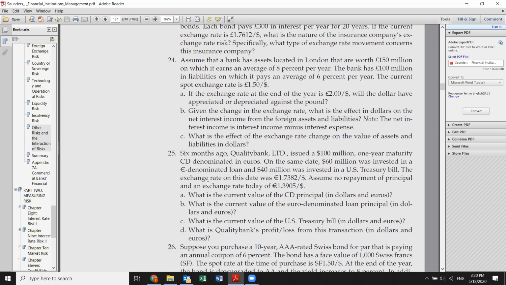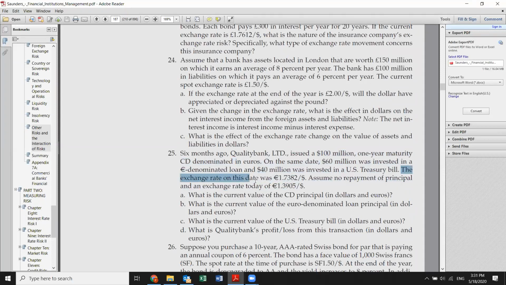So 6 months ago, Equality Bank Limited issued a 100 million one-year maturity CD denominated in euros. So they collect the deposits in euros, we can say. On the same date, they invested 60 million in a euro-denominated loan, and 40 million was invested in US Treasury bills.